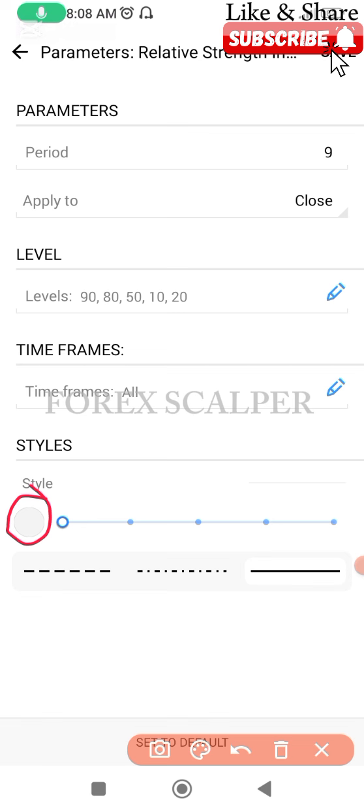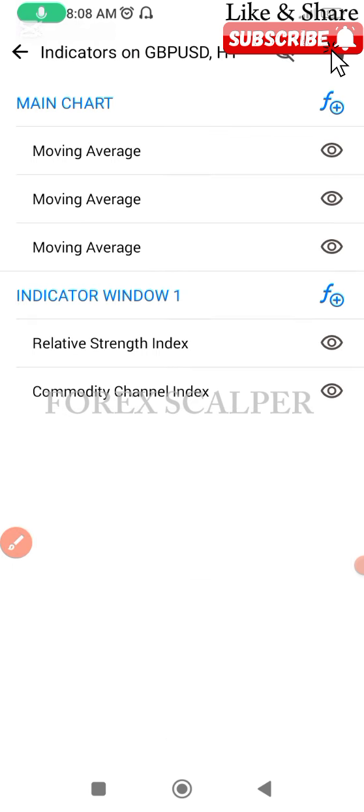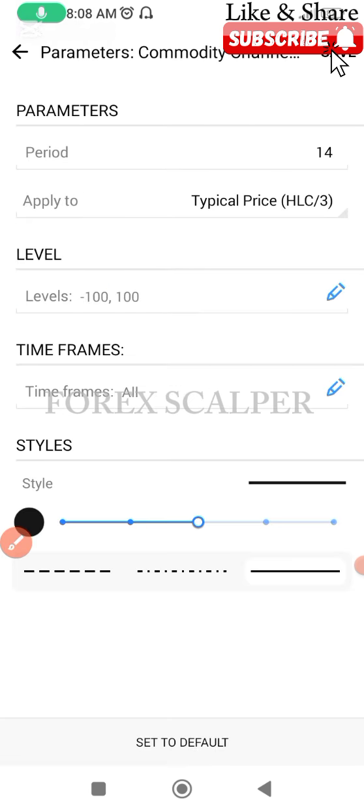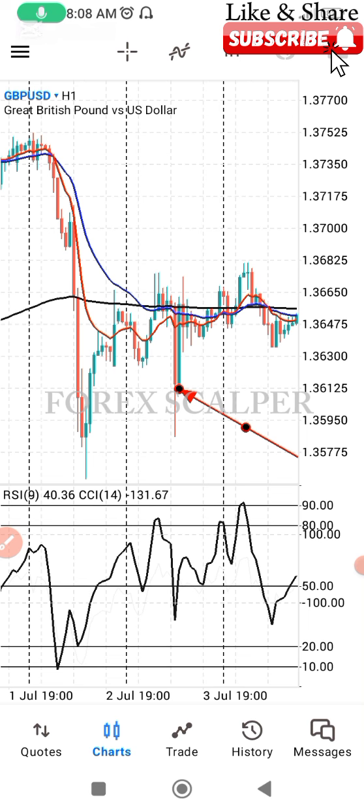My chart is white background, so the color is white. If yours is black, please kindly change it to black. Then we have our commodity channel index. It is the default commodity channel index setup. And if you have done your setting correctly, your chart will be looking exactly like mine.